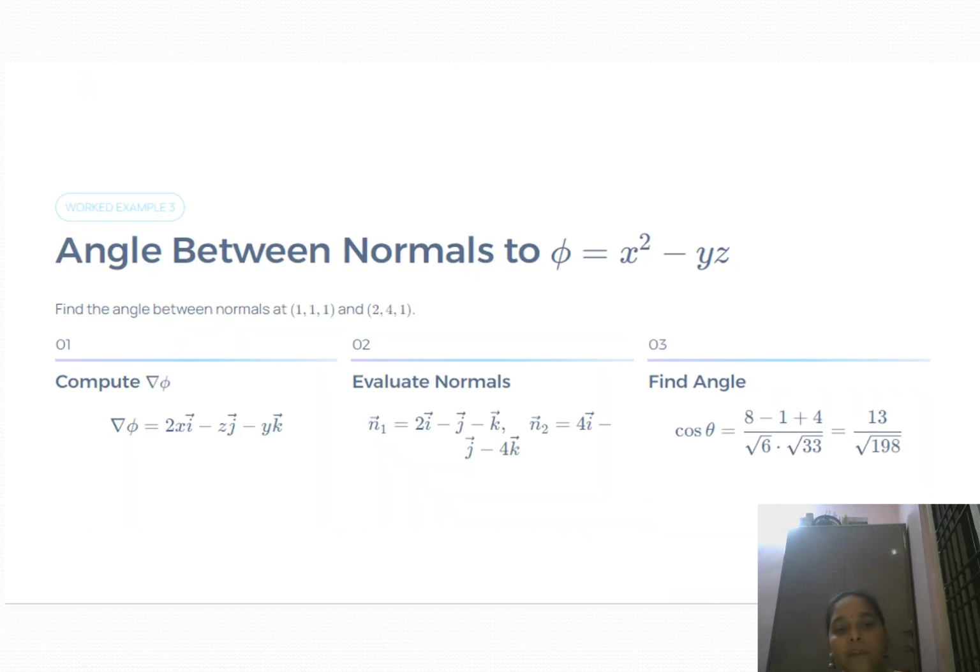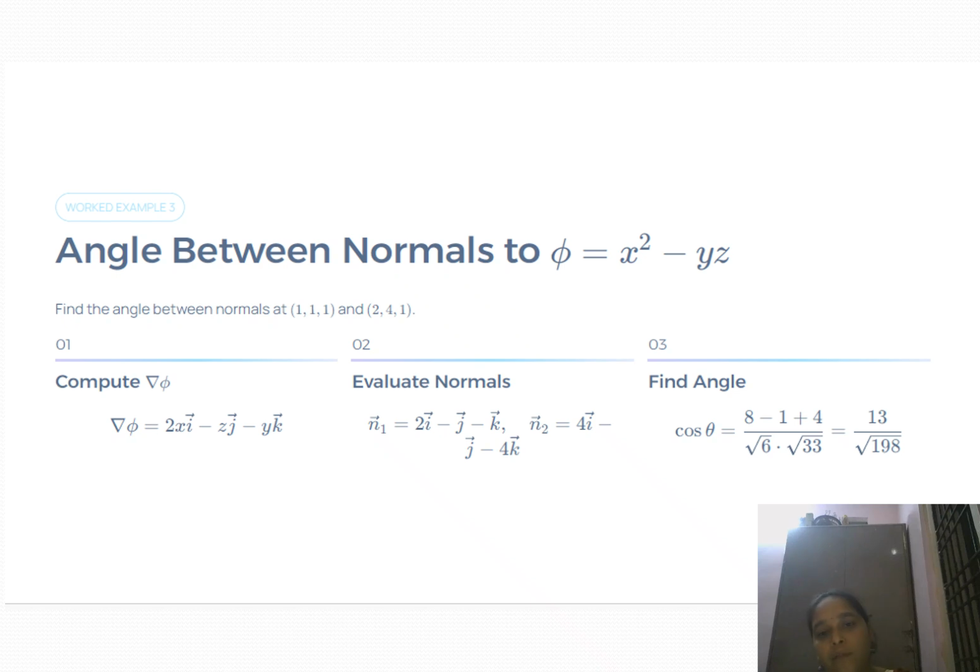Now, we need to find the angle between the normals to phi is equal to x square minus yz at the points 1, 1, 1 and 2, 4, 1. So we first compute del phi.